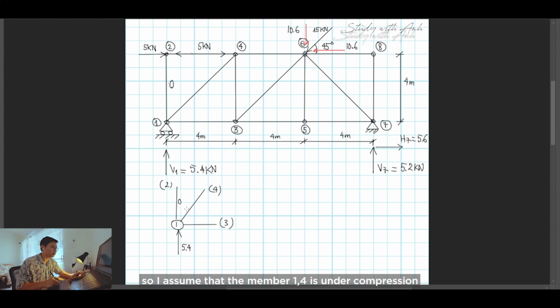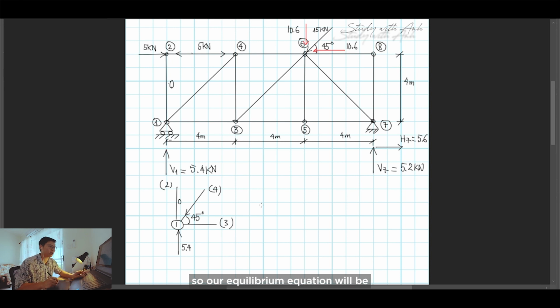I'm assuming that member 1,4 is under compression, right? That's the sign convention. If it goes out of the joint, it is under tension. Because this member is 4 meter and this one is 4 meter as well, the angle here will be 45 degrees.